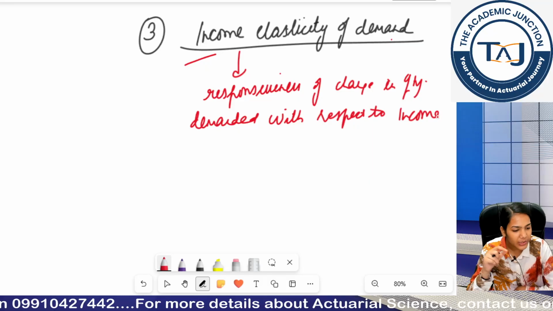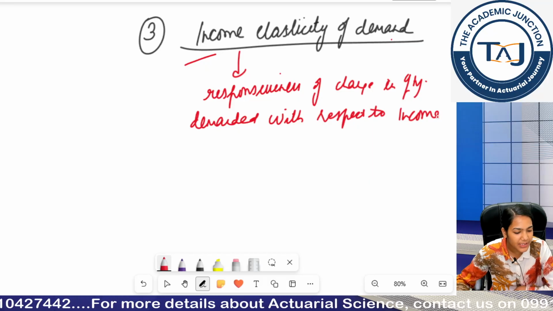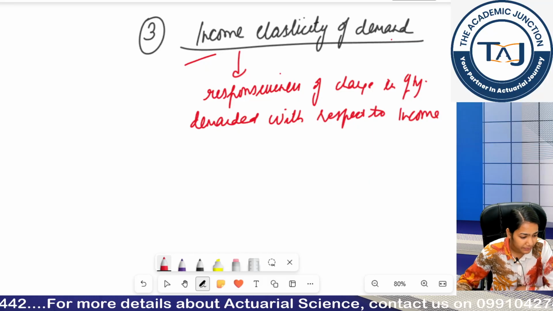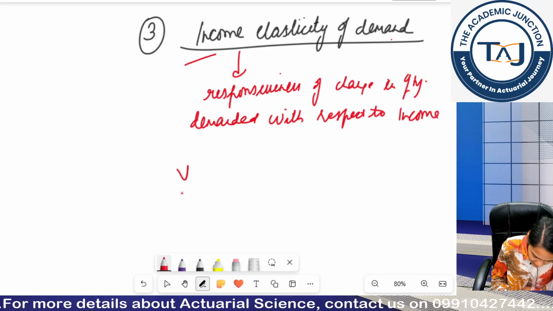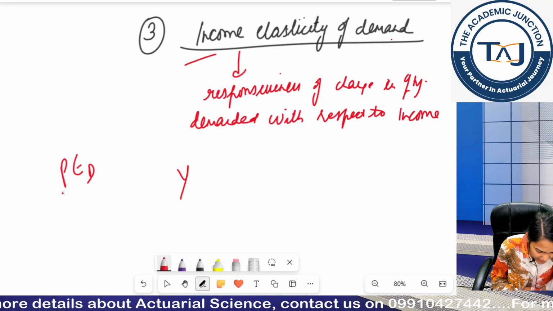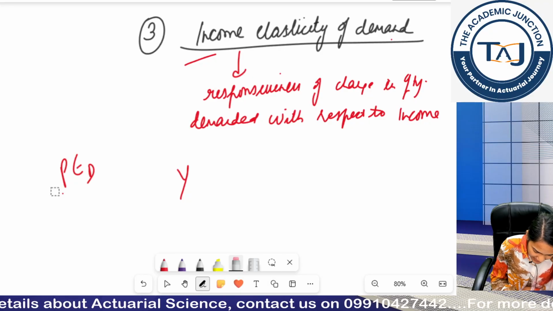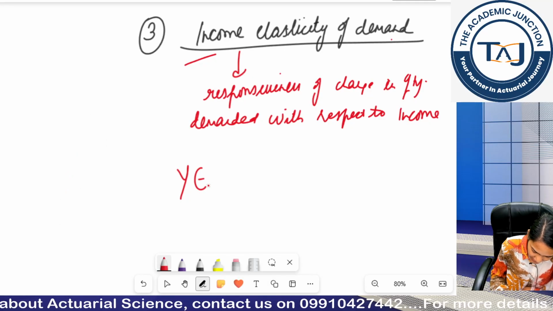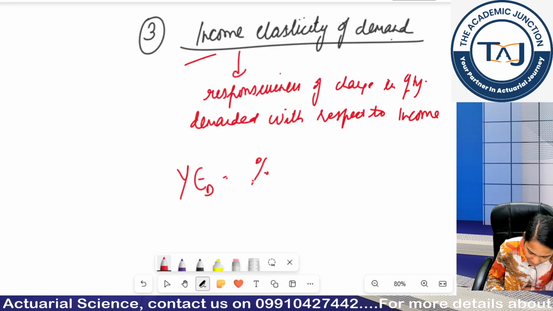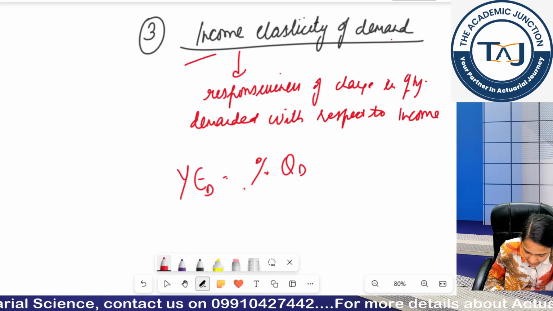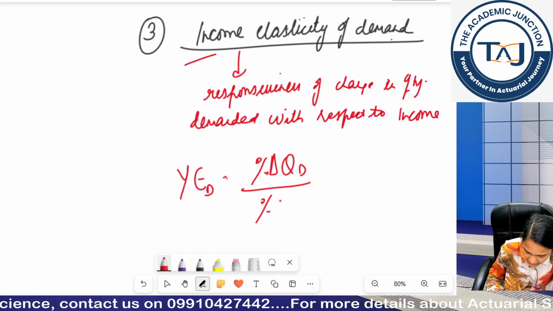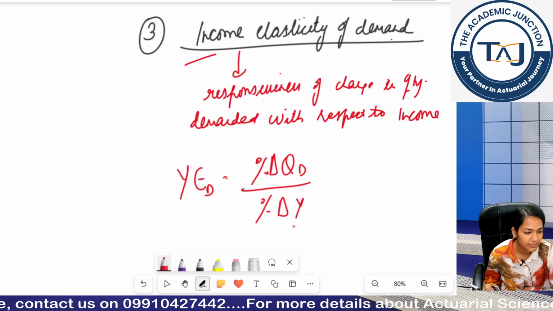There I was calculating with respect to price, here I am calculating with respect to my income. There I was writing PED, price elasticity; income is represented by Y, so I will write here YED. This will become percentage change in quantity demanded because of percentage change in income.